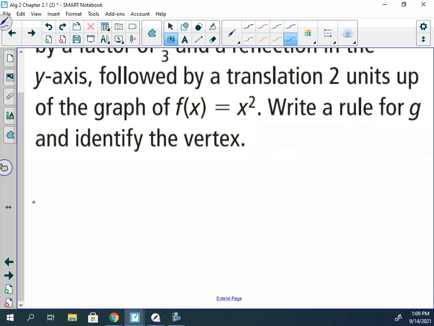Well, our first movement is a horizontal shrink. Horizontal stretch or shrink is our y equals f of a times x. Now they said it's a horizontal shrink by a factor of 1/3. Since it's horizontal, we have to flip it, so it's 3x.